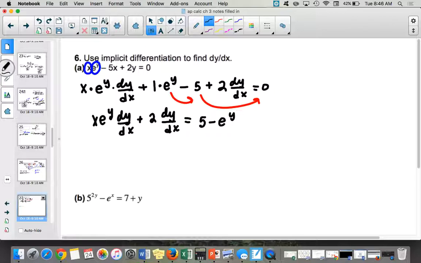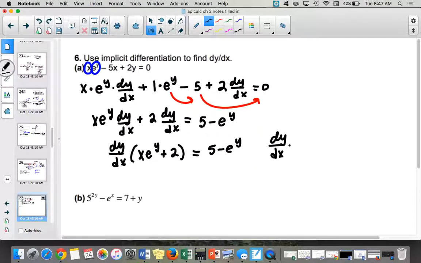I then pull out the dy over dx. So I have x times e to the y plus 2 equals 5 minus e to the y. So your final answer should be dy over dx equals 5 minus e to the y over x e to the y plus 2. And that's it.